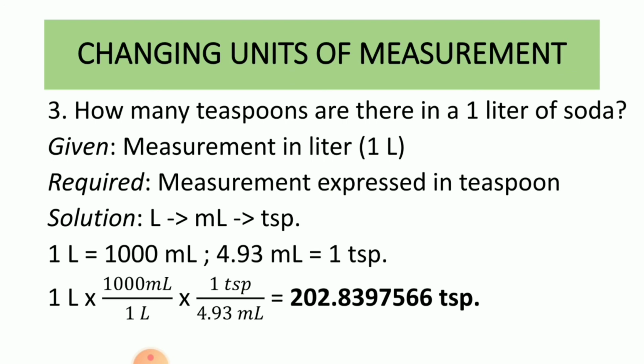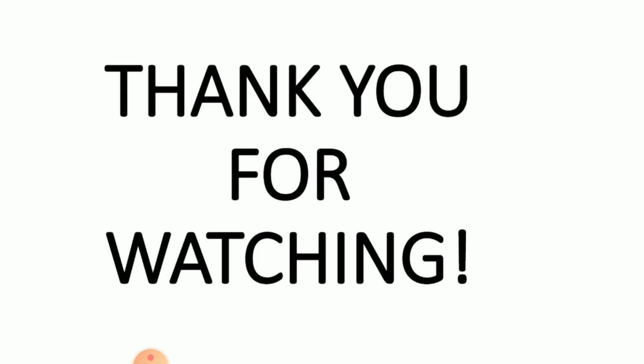So, 1 times 1,000 times 1 divided by 1 times 4.93 is equal to 202.8397566 teaspoons. Or approximately, that is equal to 2.03 times 10 squared teaspoons.